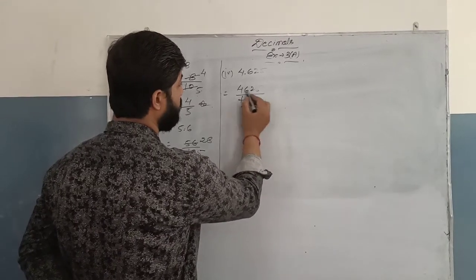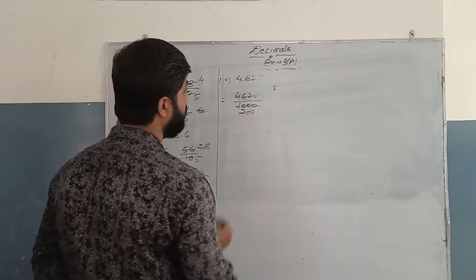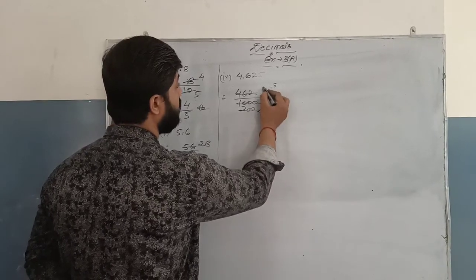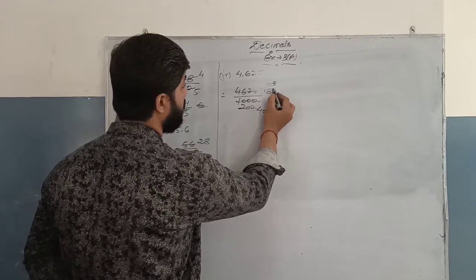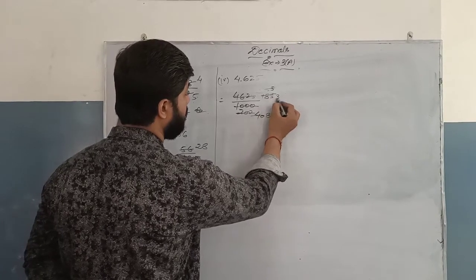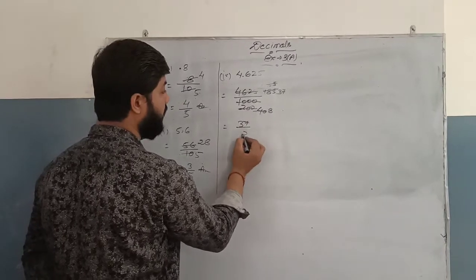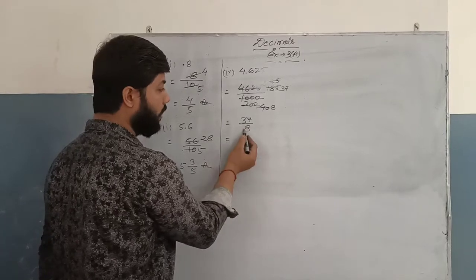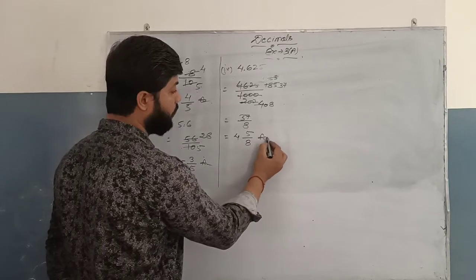Dividing step by step, we reach 37 by 8. It has to be converted into a mixed fraction, so we will divide 37 by 8. 8 4s are 32. Now 5 remains. So 4 and 5 by 8 will be your answer.